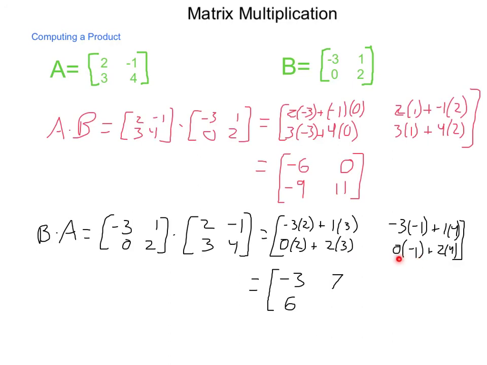And 0 times negative 1 is 0, 2 times 4 is 8, 0 plus 8 is 8. So when we multiply A by B, we get negative 6, 0, negative 9, 11. When we multiply B by A, we get negative 3, 7, 6, and 8.